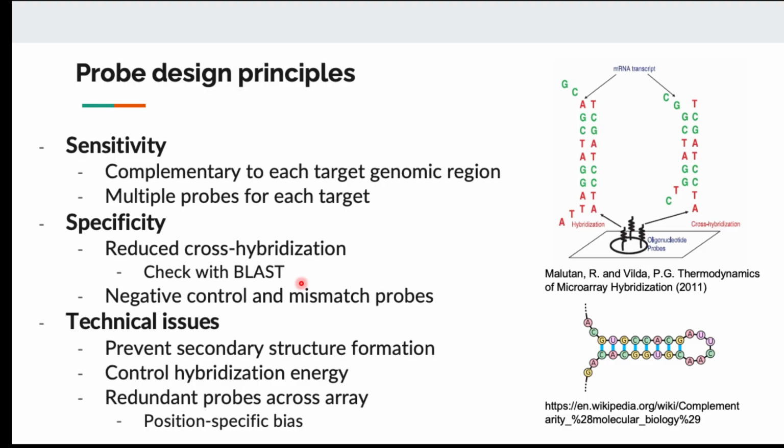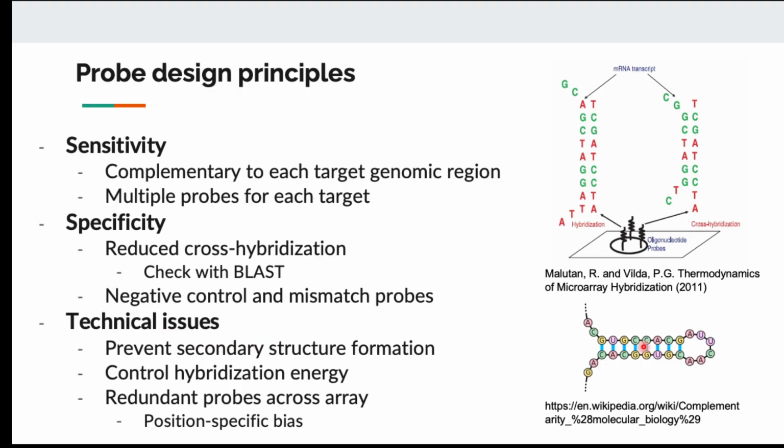Because if we have only perfect probes, we have no idea if it will react with other sequences. But if we have slightly imperfect probes, we can compare the binding activity between the two, and we can determine how much is non-specific, how much is specific. And the rest would be technical issues that I already mentioned.